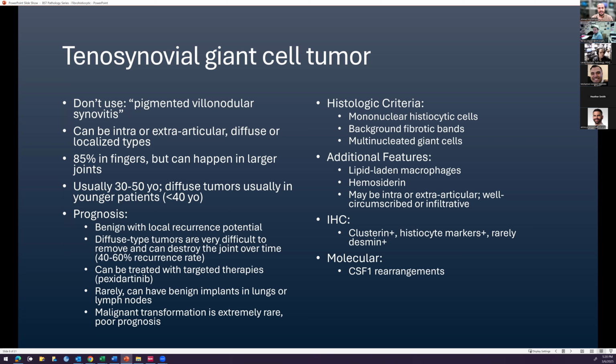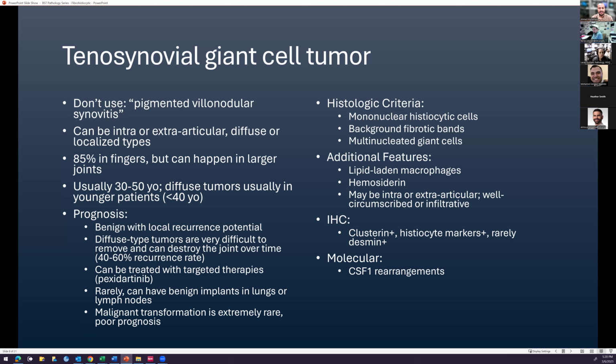And the problem is that over time, these things can essentially destroy the joint. They can even lead to amputations in the end, essentially. They'll lead to joint reconstruction. So they can be very morbid, depending on how it's treated, right? So it's not a great tumor to have generally. There are some targeted therapies, right? Pexidartinib is the main one that people use.